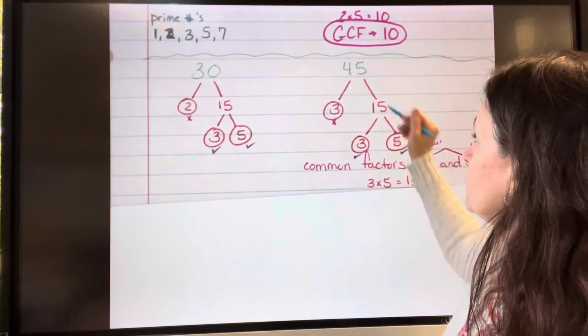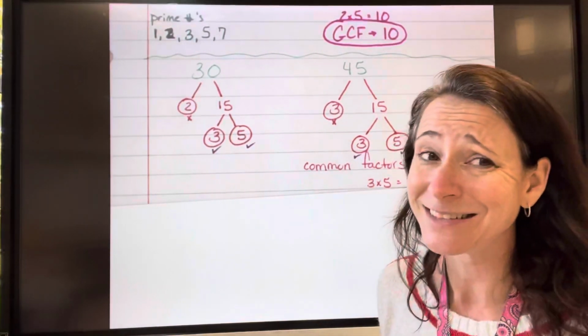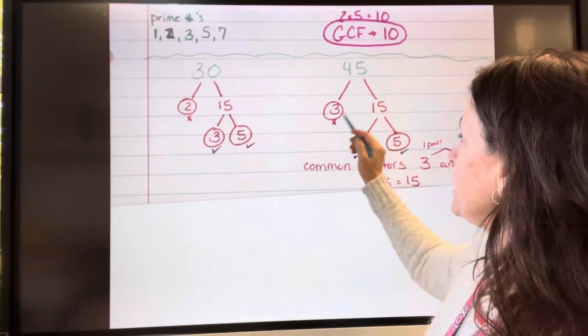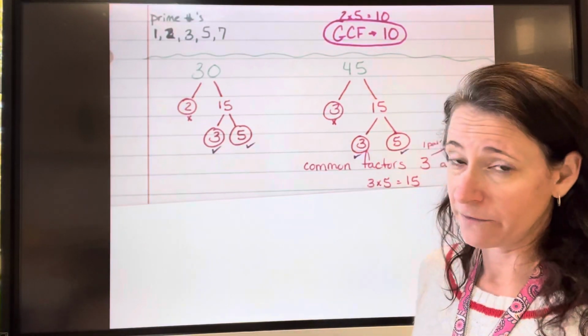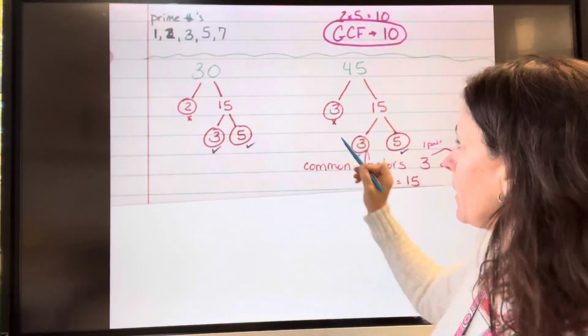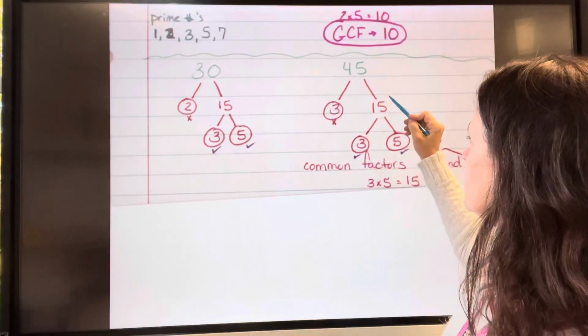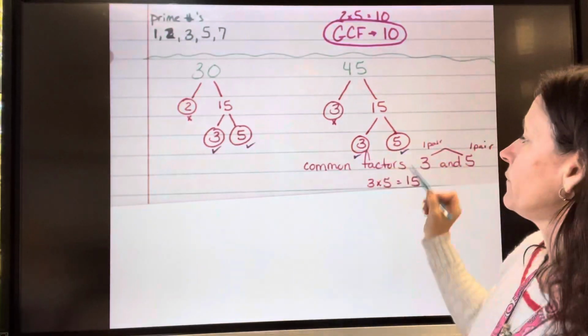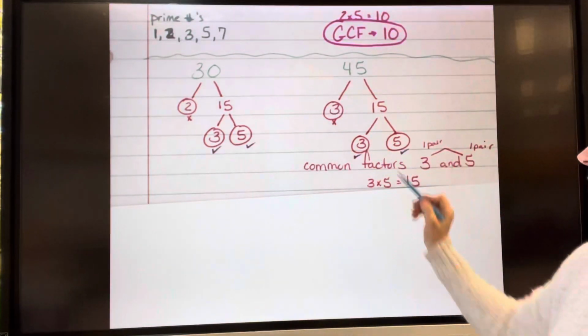I did the same thing to 45. 45 is not divisible by 2, but it is divisible by 3. And 3 times 15 is what gets me that 45. I have my prime number, then I circled, and then I had to break apart my 15 to 3 and 5 because these are 2 prime numbers and circled them.